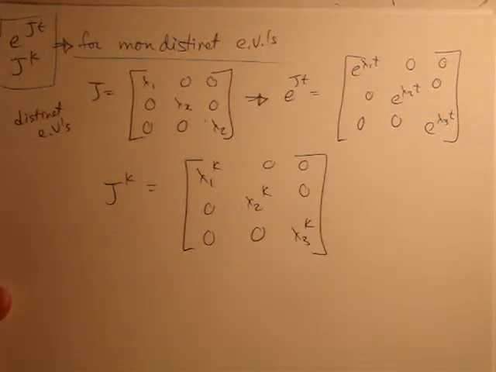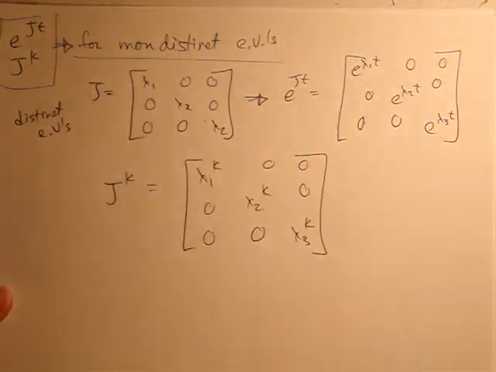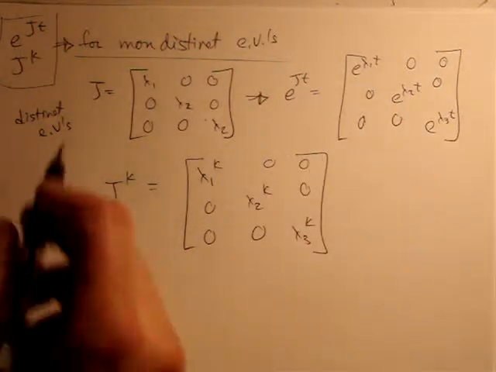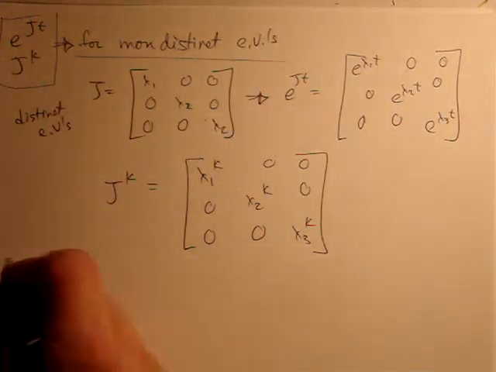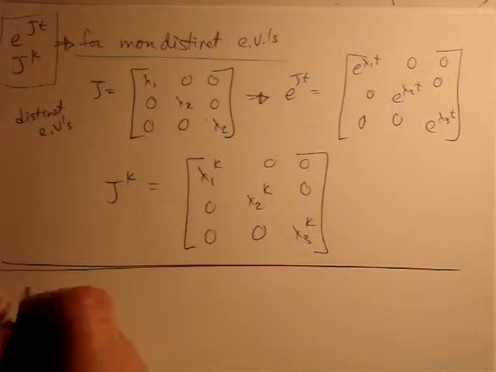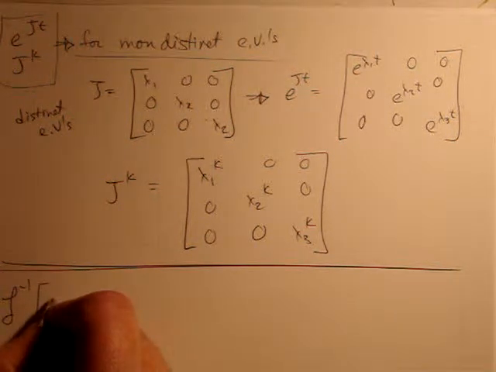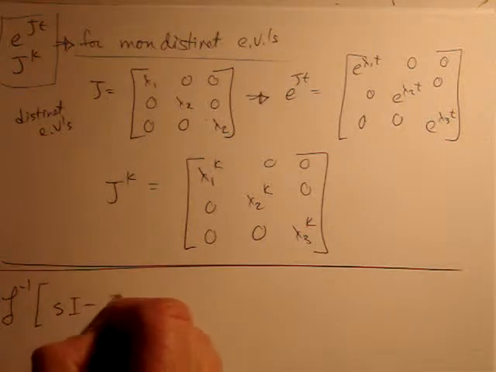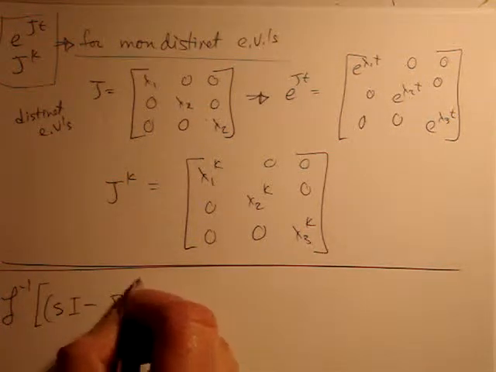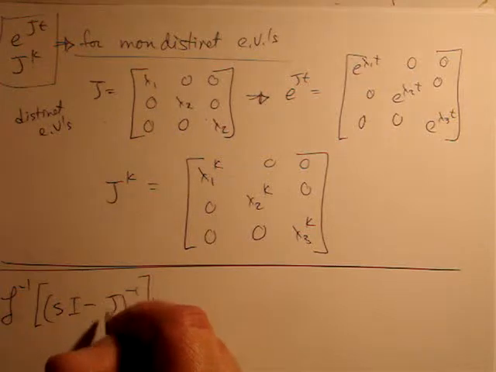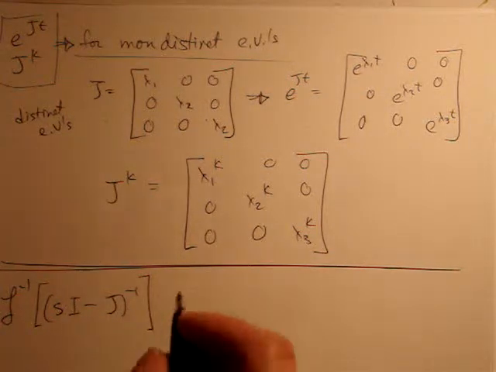And remember, we could just find these. This isn't a magical formula. We can find either e to the Jt just like we do e to the At by a couple methods, but maybe the favorite is Laplace inverse of sI minus J inverse. So we typically put A in here, but we can put J in here as well.